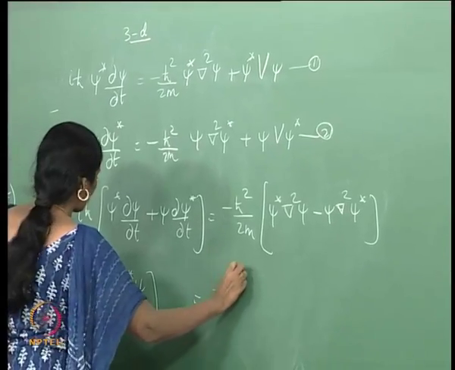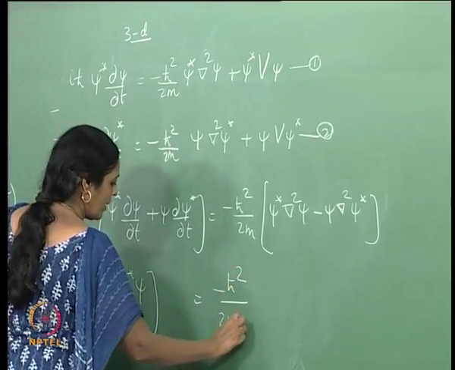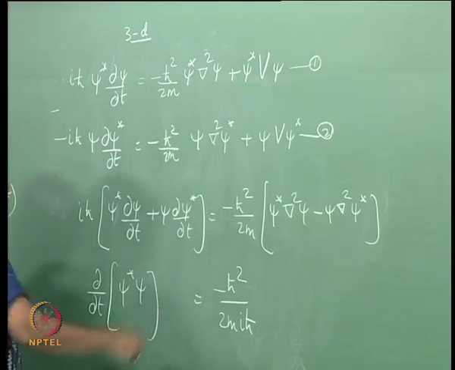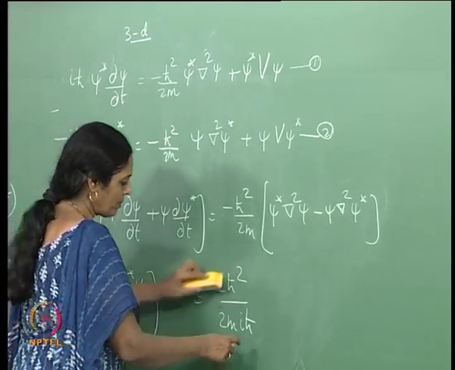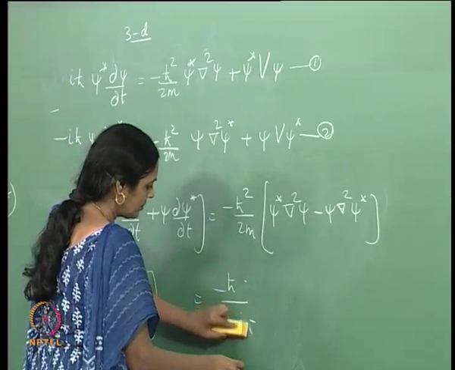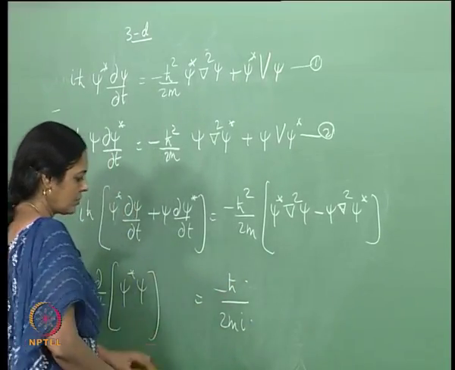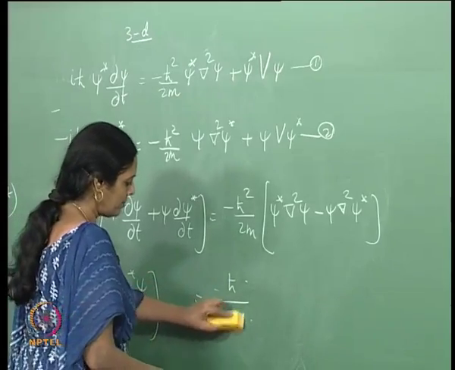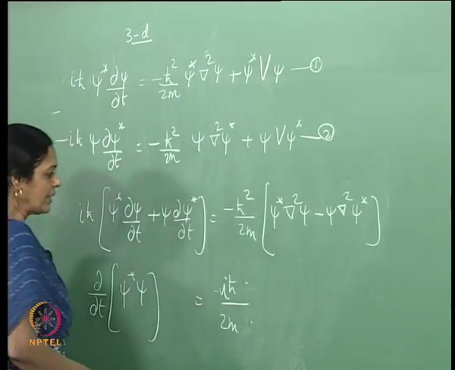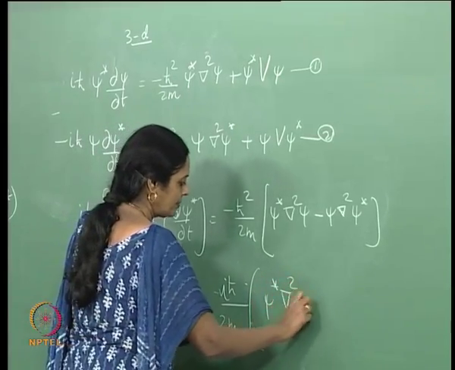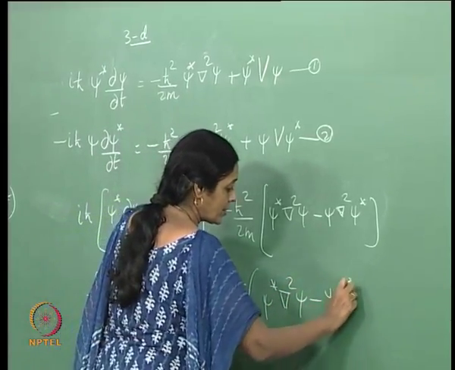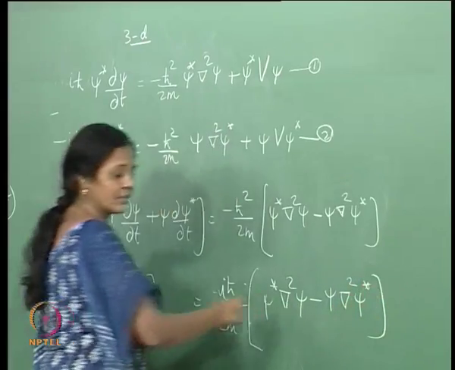Dividing by iħ, the right side gives me iħ/2m times (ψ* ∇²ψ minus ψ ∇²ψ*). This is what I have.